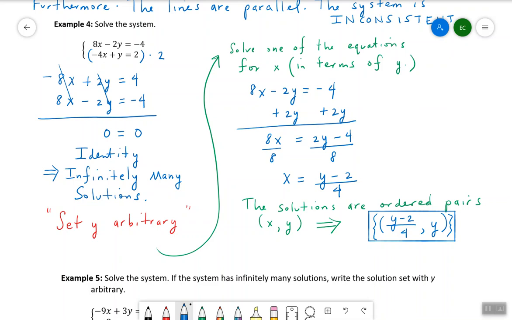It's a little bit weird to write an ordered pair that way. So let's make sure we understand what some actual solutions are. Could you give an actual point on the line? What are some particular solutions?